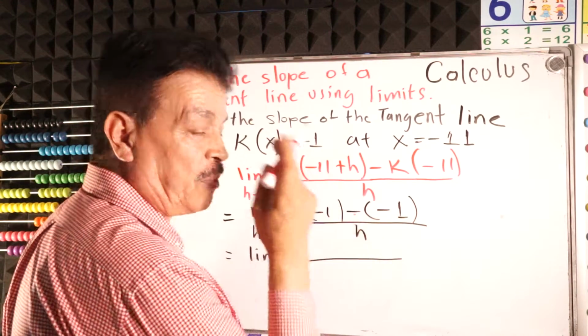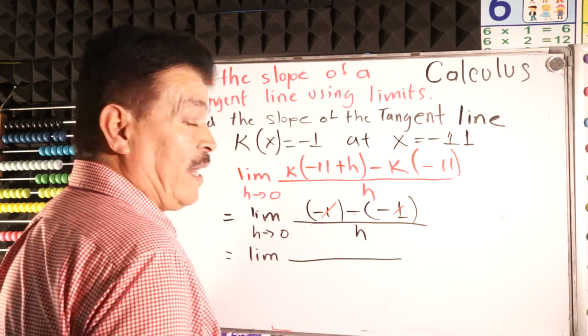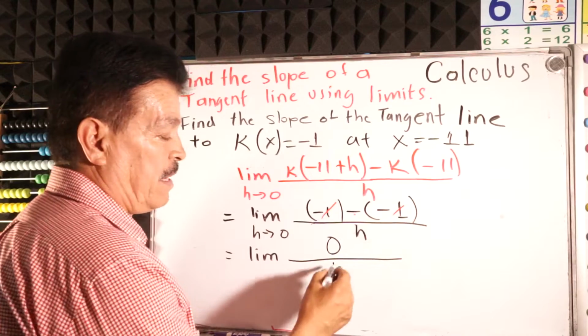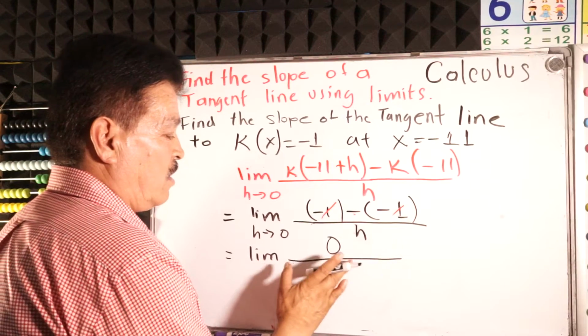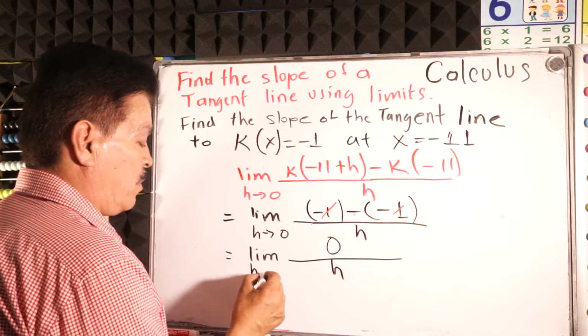Negative times negative is positive, so the terms cancel and you will have 0 divided by h.